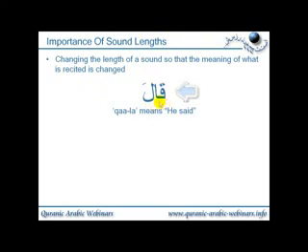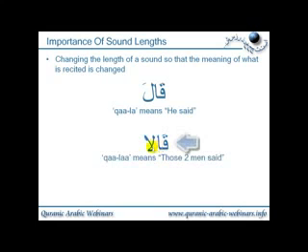Here's a word which is Qaala. The Qaa is two long and the la sound is one long. Now this means he said, one male. Now we'll change it into another word which is Qaalaa.